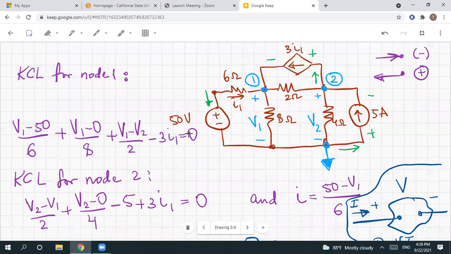We know that the power is the product of the voltage and the current. So what will be this current? This current is coming from node 1 to this point.